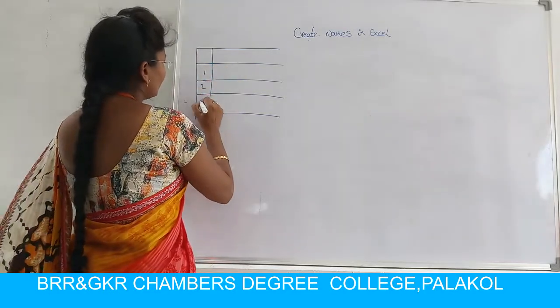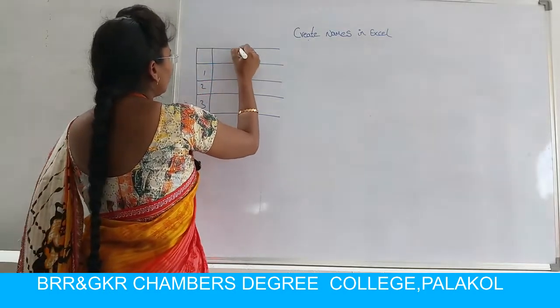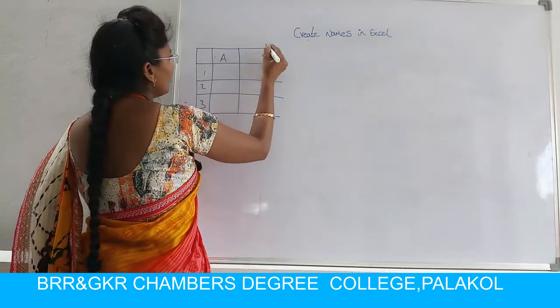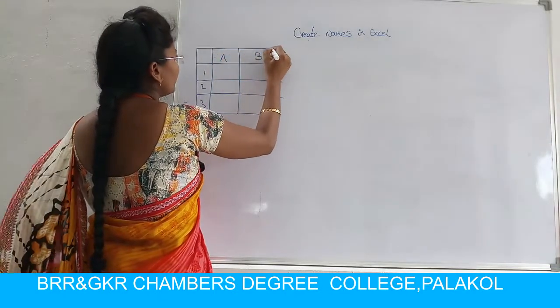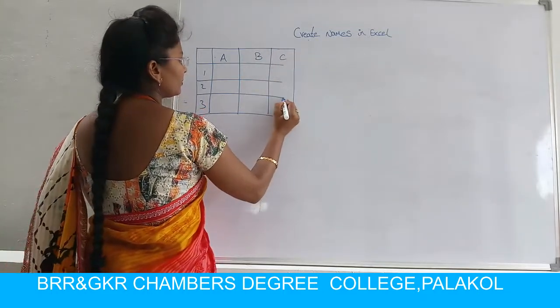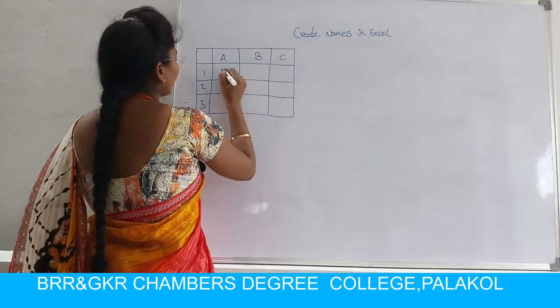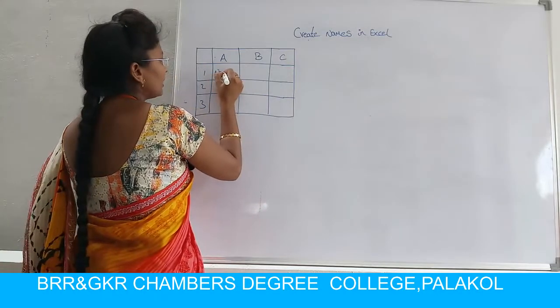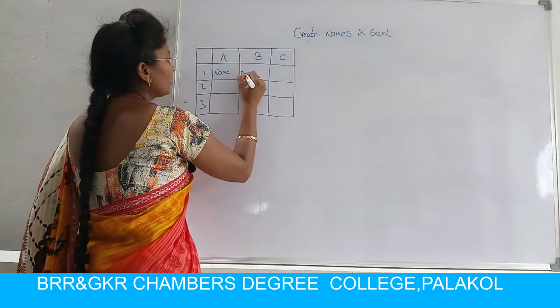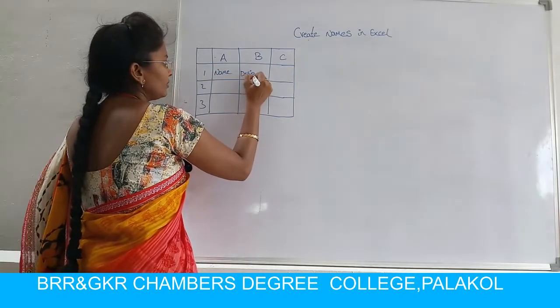Row 1, row 2, row 3 and column A, column B and column C. In A1 cell, I am taking the field as name and B1 cell designation.